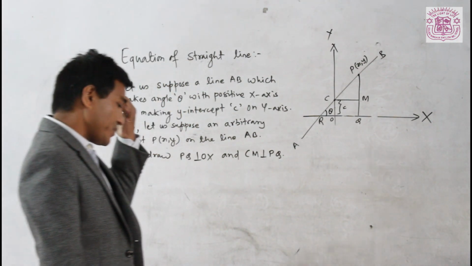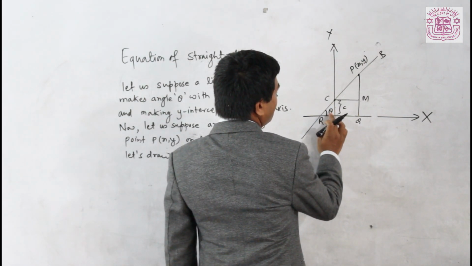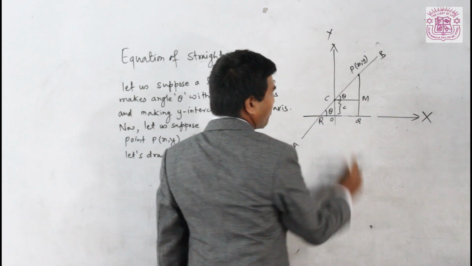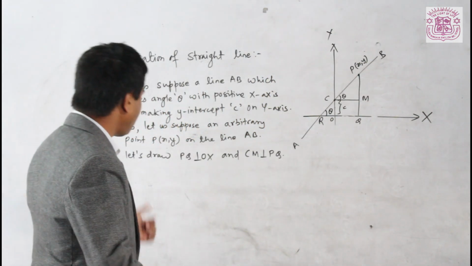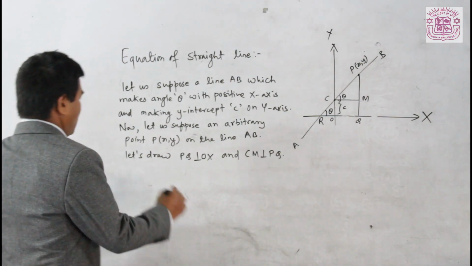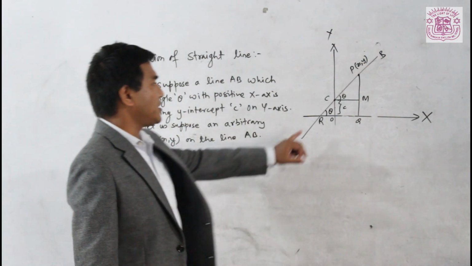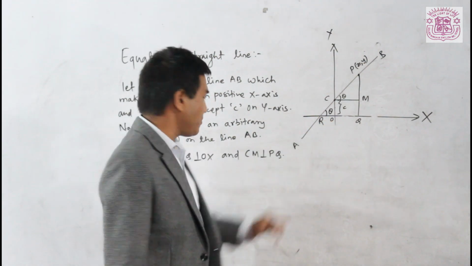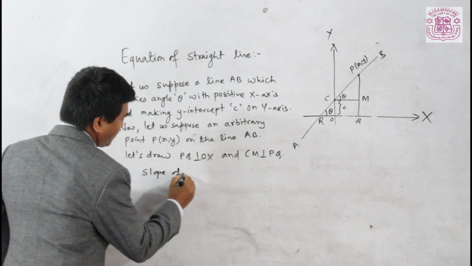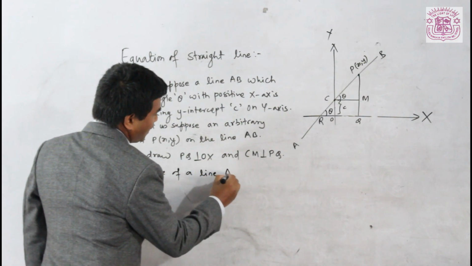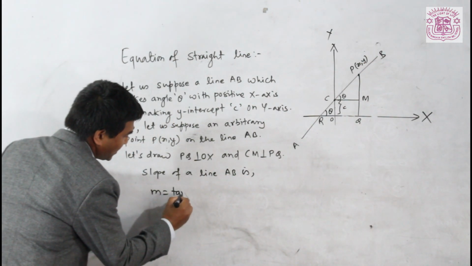So from the figure we can write, if this angle is theta, this is also theta because they are corresponding angles. Now since this angle is theta, the slope of the line will be tan theta. That means the slope of the line AB is m equals tan theta.